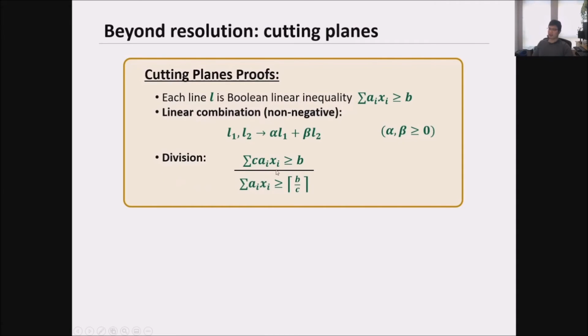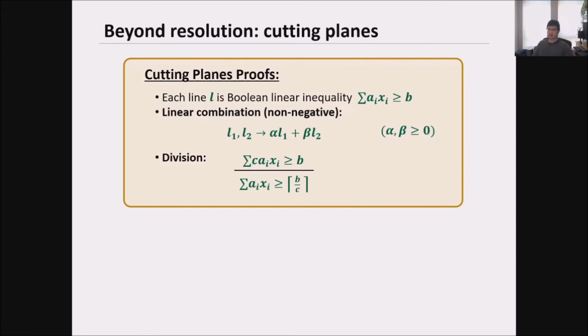So if we have an inequality and all of its coefficients are divisible by the same factor c, then we're allowed to divide through by that common factor c. So on the left, we'll end up with this integer expression where each a_i is an integer. Okay, and on the right, we'll end up with this fraction b over c. Now since the left-hand side is always an integer, we can just round this fraction up without losing any solutions, without changing the constraint.